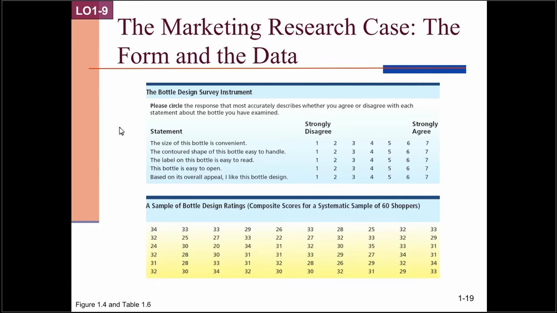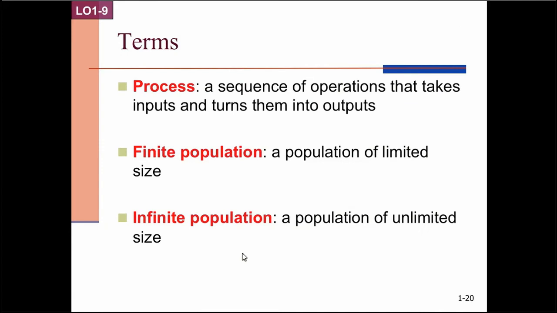They gave this form of rating, where the customer rated every statement from 1 to 7. They summed up the values, and this case is using a systematic sample of 60 shoppers. And you will read in your book why this specific case has some drawbacks about the way you choose your customers.